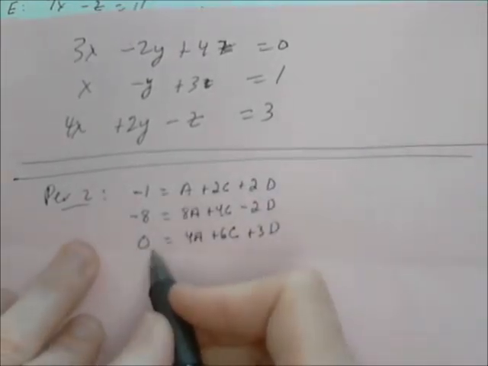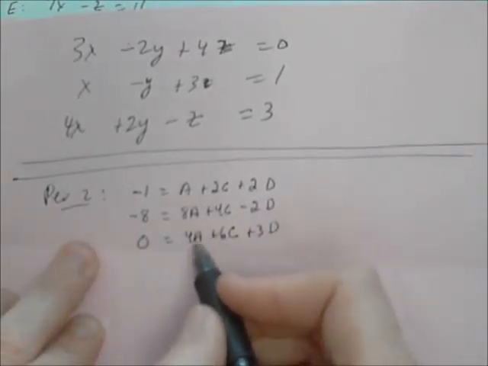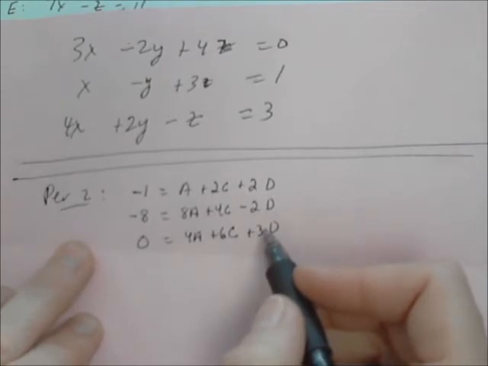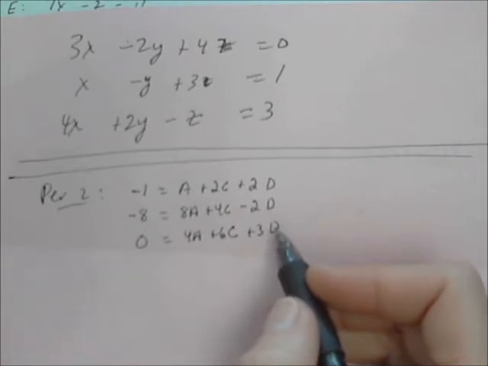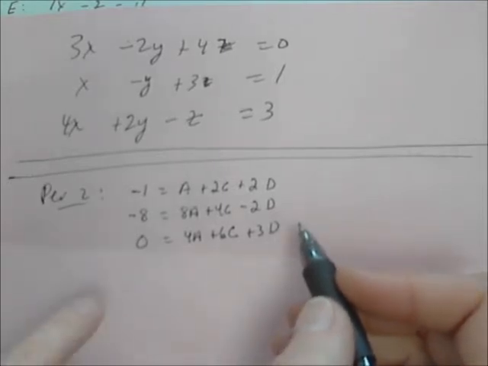And if you let x equal 3, you would come up with this. In period 5, I think we let x equal negative 2. And we came up with another equation that I didn't write down.